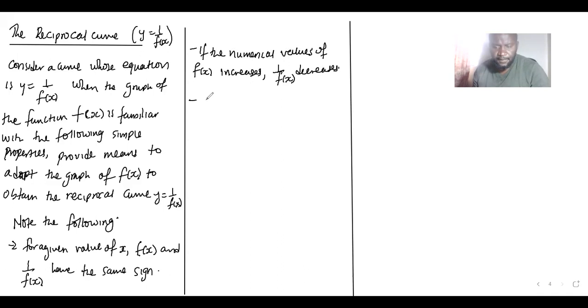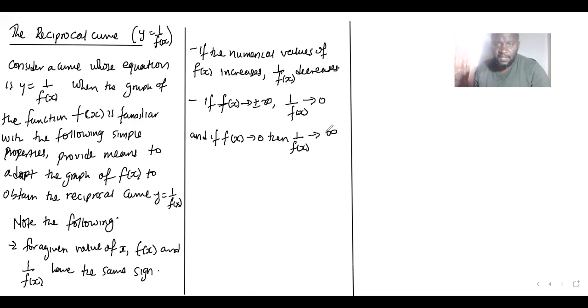3, if f of x tends to plus or minus infinity, 1 over f of x tends to 0. And if f of x tends to 0, then 1 over f of x tends to infinity, positive or negative infinity.